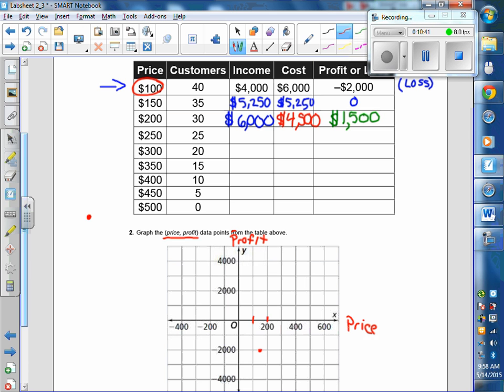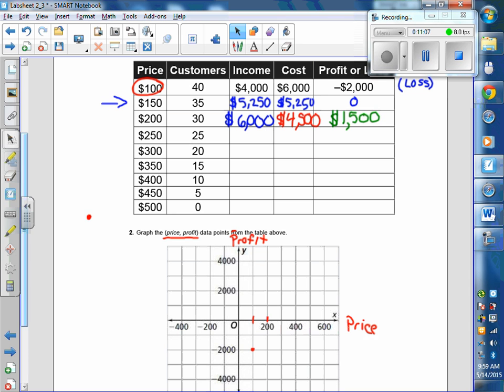Similarly, to plot my next point, I realize that my price is 100. Oops, I made a mistake on the first one, sorry. It was a price of 100, so I should have a loss of 2,000.